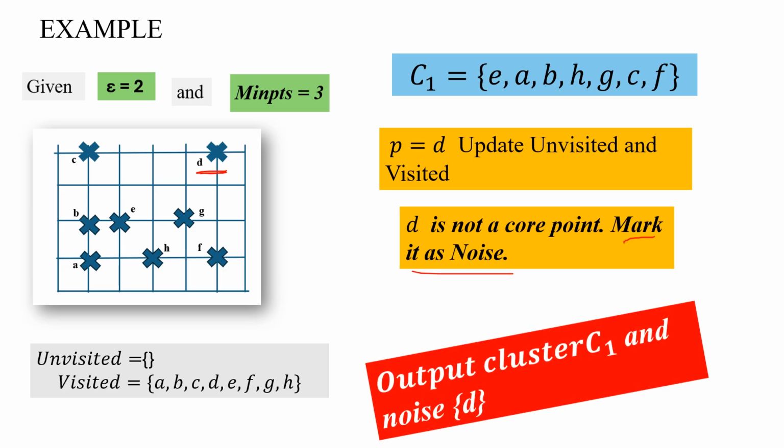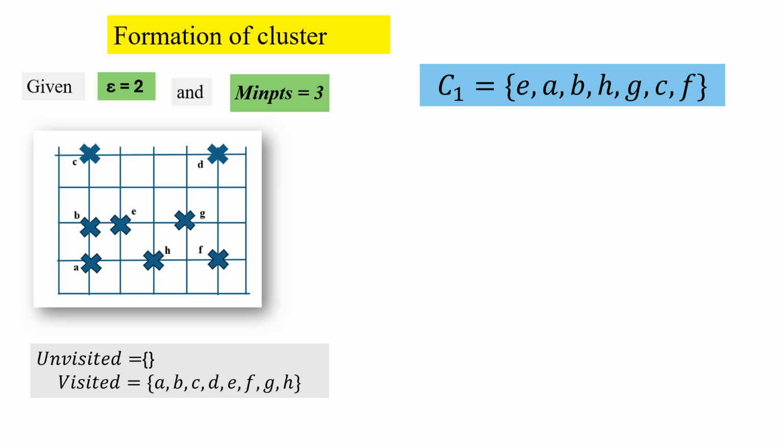So what is our outcome here? A cluster C1 and the noise D. This is the output of our iteration on the data set. So here in this last slide, we would see the formation of the cluster. See, we have included the data points in the order in which they were added to the cluster.